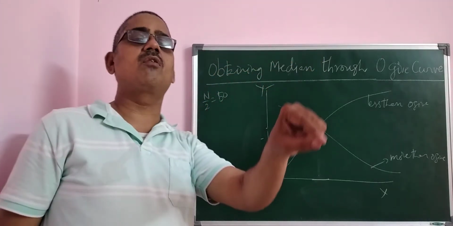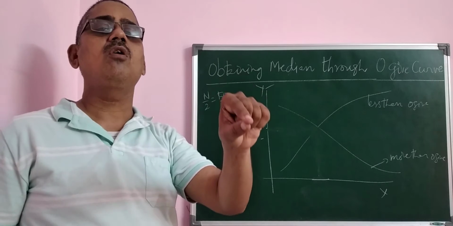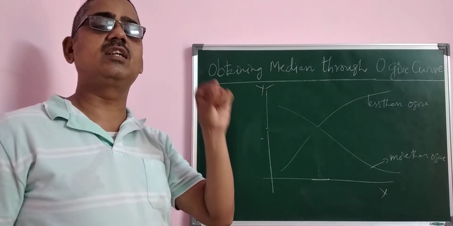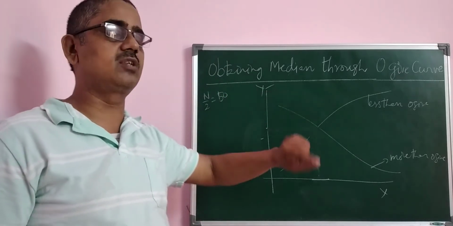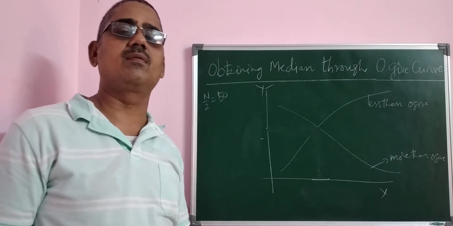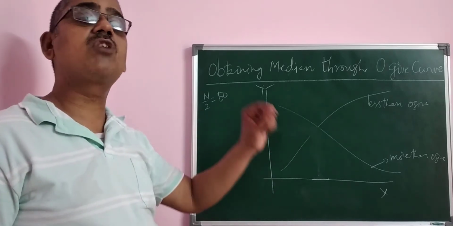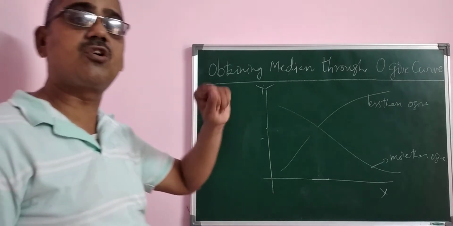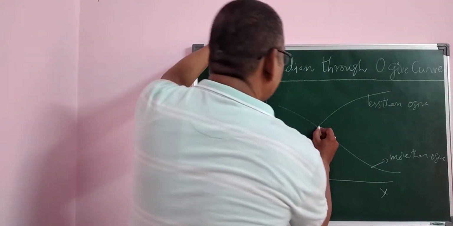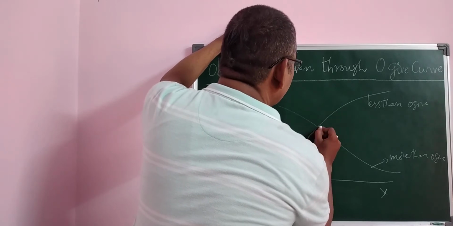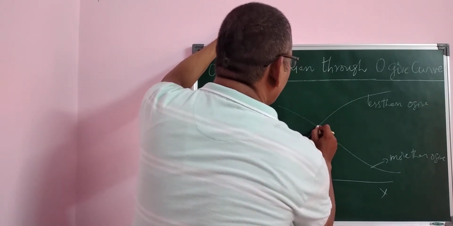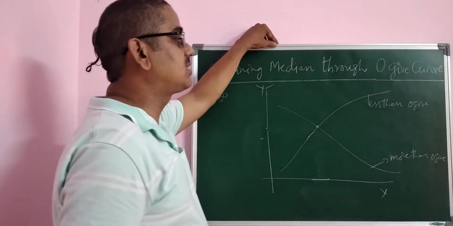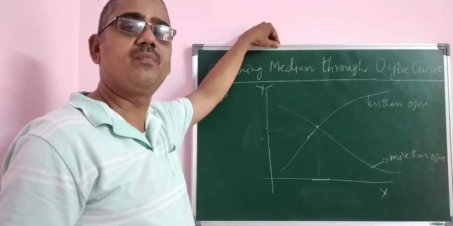Now observe, we can easily see one particular point which intersects both the Ogive curves. That is called the intersection point. For example, this is the intersection point for these two Ogive curves, less than Ogive and more than Ogive.